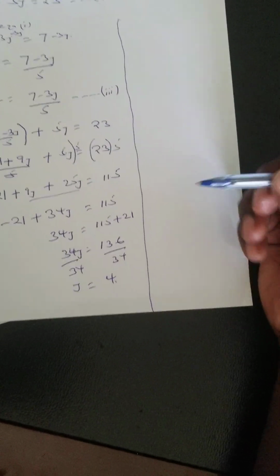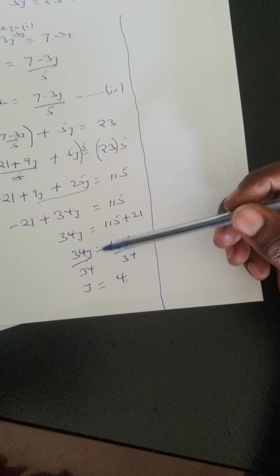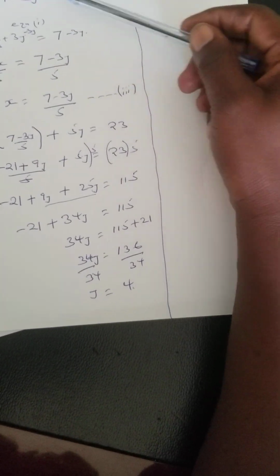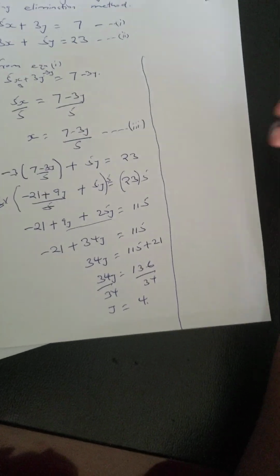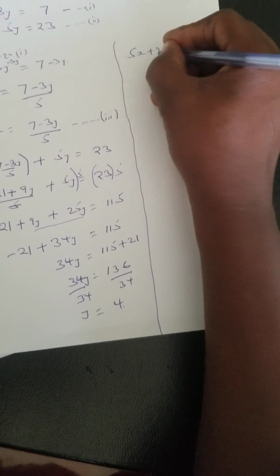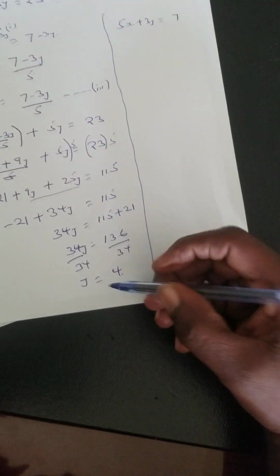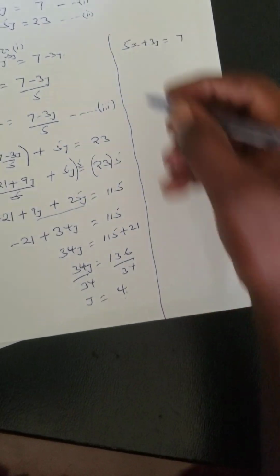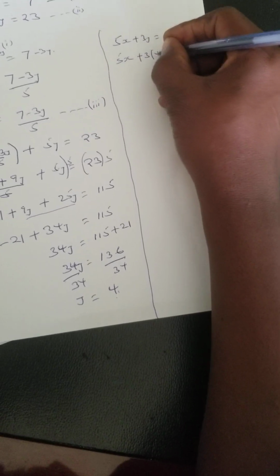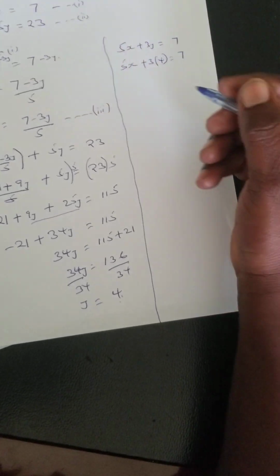What is x? Now you take where y is. You can take any equation, be it equation 1 or equation 2. Now let us take equation 1, 5x plus 3y is equal to 7. What is the value of our y? It will be 5x plus 3 into 4 is equal to 7.